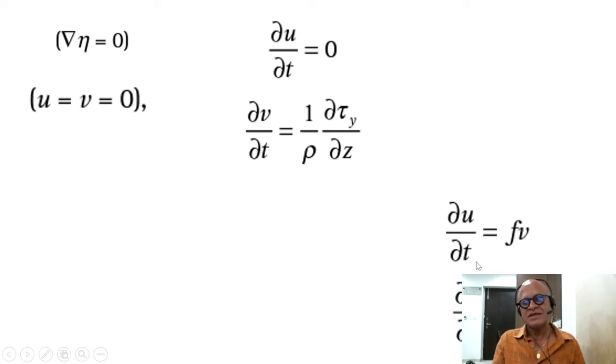So du/dt is Fv. So the zonal velocity that was 0 and acceleration that was 0 now, after the wind burst, has a zonal acceleration that is related to the meridional currents that were created by this wind burst. And since we have taken off the winds now, there is no acceleration in the meridional direction at all.